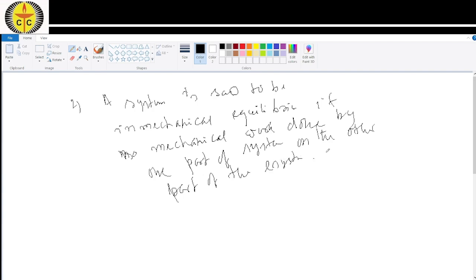This means the mechanical properties are uniform throughout the system.